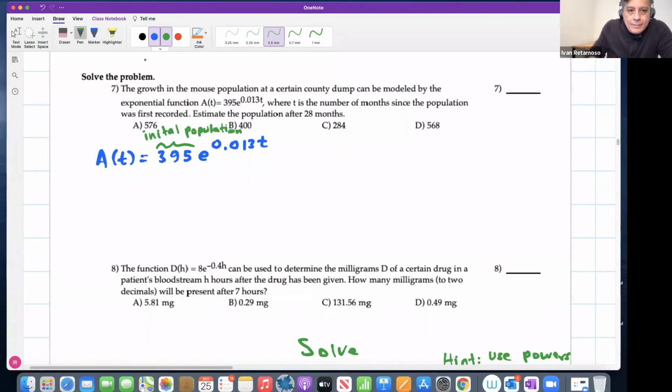So let's see. Since we already have the function, we just let t be equal to 28, because t is measured in months.